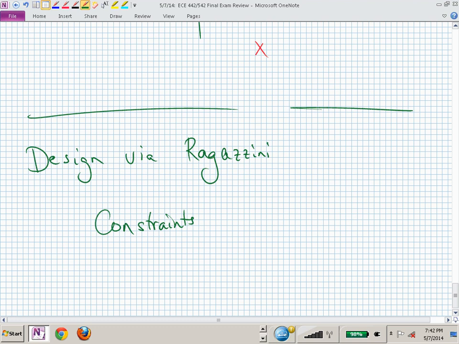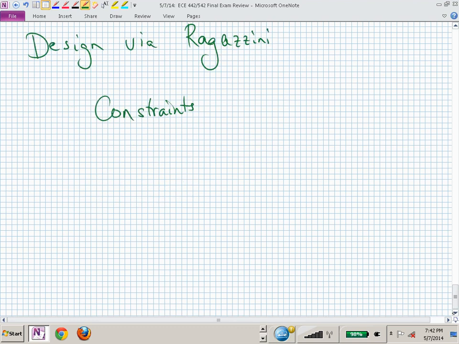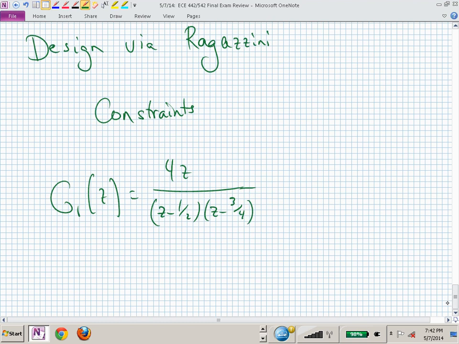For example, what if I give you a plant G1 of Z that is equal to 4Z over Z minus 1/2 times Z minus 3/4? Do we have any Ragazzini restrictions for this plant? Do you remember?